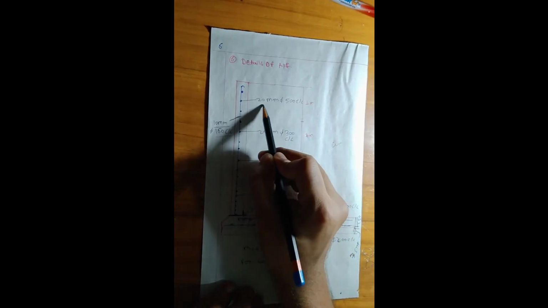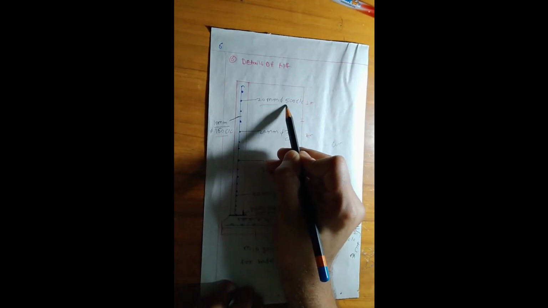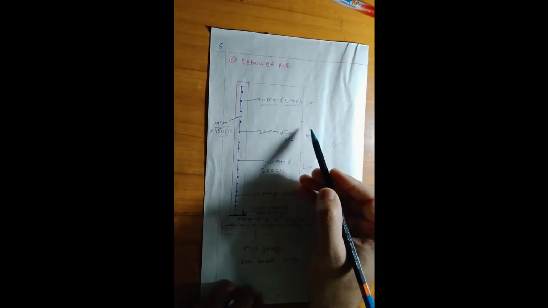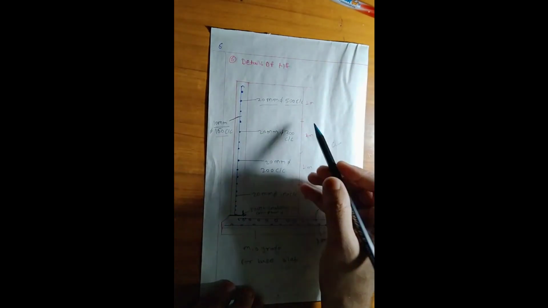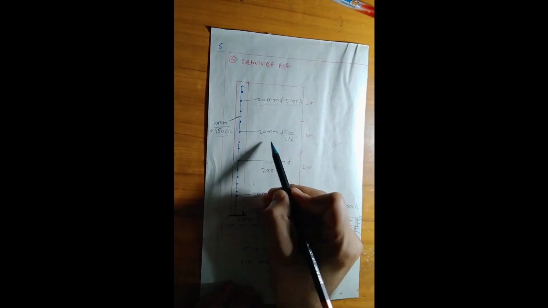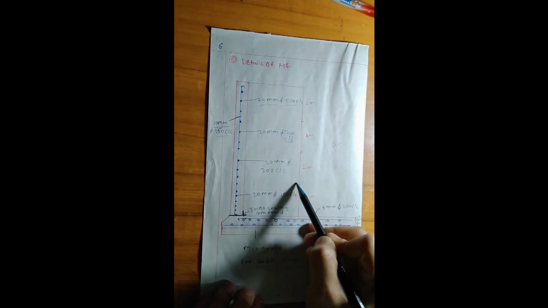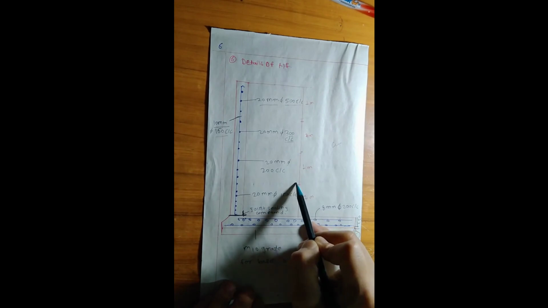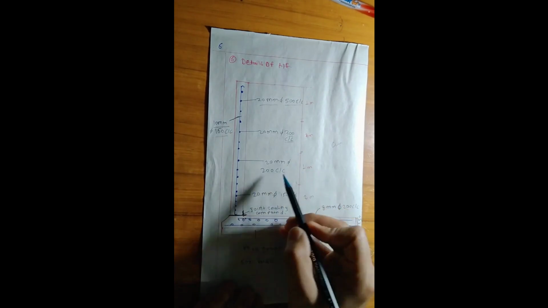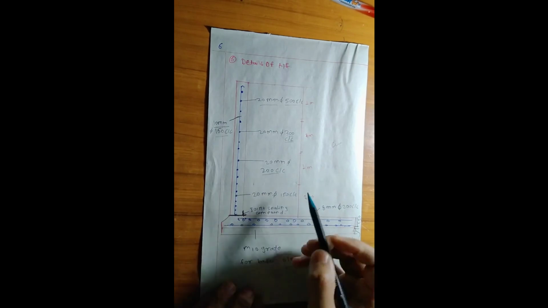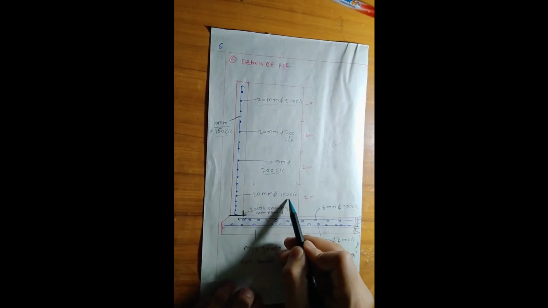Then 20 mm bar is at 500 center to center from 1 meter from the top. Again, at 2 meter from the top it is 20 mm at 300 mm center to center. Again 20 mm at 200 mm, and then 20 mm at 150 mm center to center.